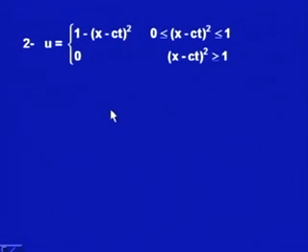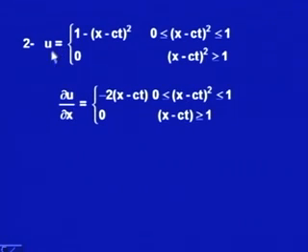Now, let us take another function u as 1 minus (x minus c t) whole squared, in the range when x minus c t is between 0 and 1, and it is 0 otherwise. Now, we see that this also satisfies our wave equation. What will be del u over del x?